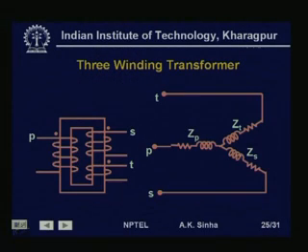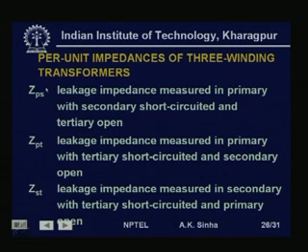Now, here we are showing these 3 windings. ZP is the primary, ZS is the secondary, and ZT is the tertiary winding. We can now find the values of these impedances by conducting tests. ZPS is the leakage impedance measured in the primary with the secondary short circuited and the tertiary open. ZPT we can find out as the leakage impedance measured in the primary with the tertiary short circuited and the secondary open.